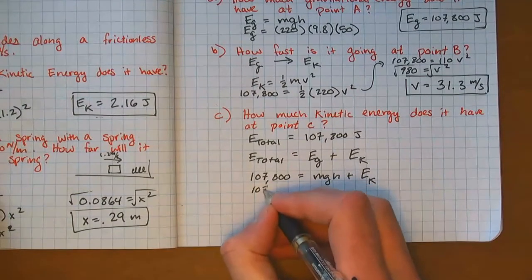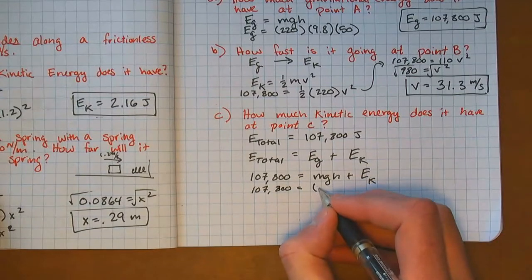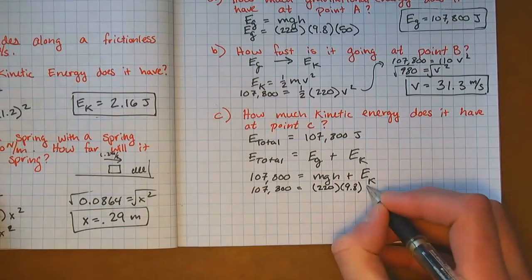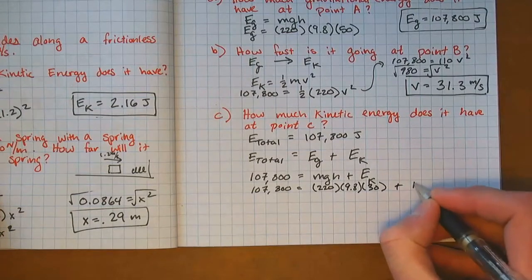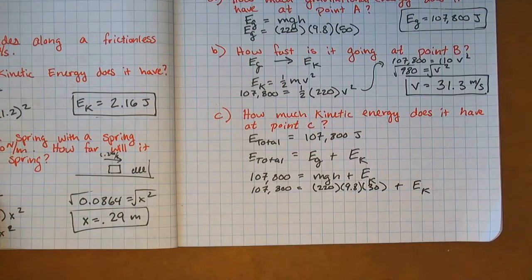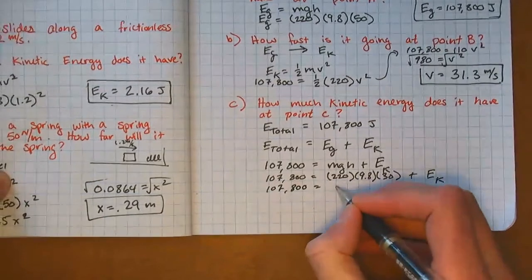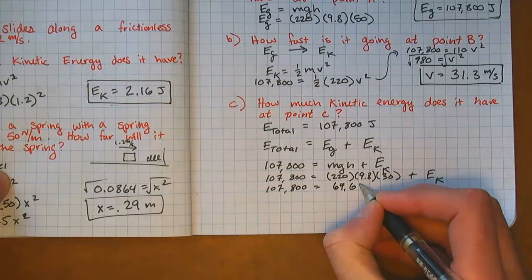Now I can just plug in. I've got my mass, which is again 220, and I've got 9.8. Remember that the height I'm at right now is 30 meters. So I multiply all those together, 220 times 9.8 times 30, and that gives me 64,680.